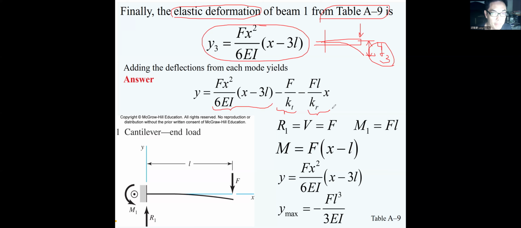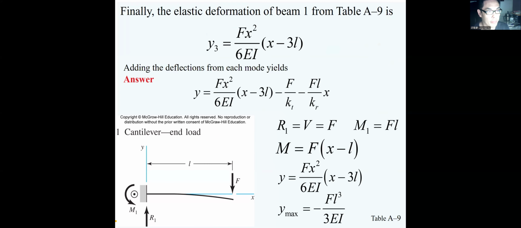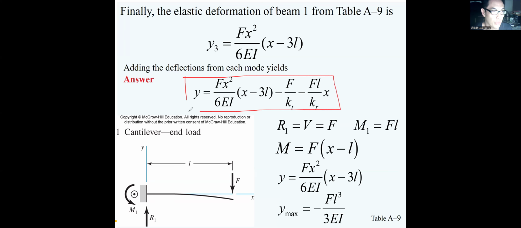Okay, you got it? So this is the final term we get: the deflection including the three deformations.